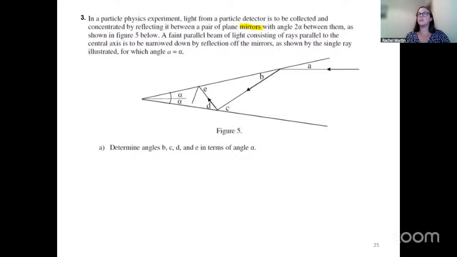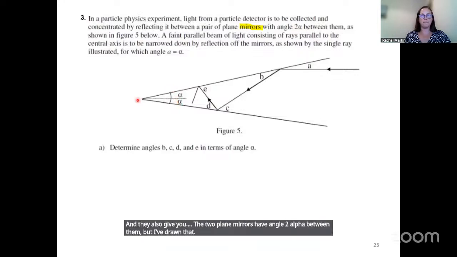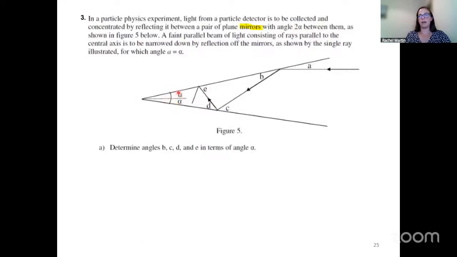So sketch your own diagram, and notice at the end here, it's a bit fuzzy, but A is equal to alpha. So they do give you that A is equal to alpha, and they also give you the two plane mirrors have angle 2 alpha between them, but I've drawn that as 2 different alphas with a horizontal line between them.